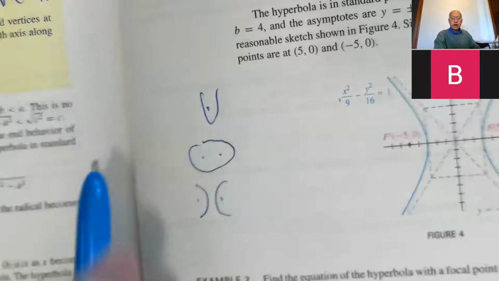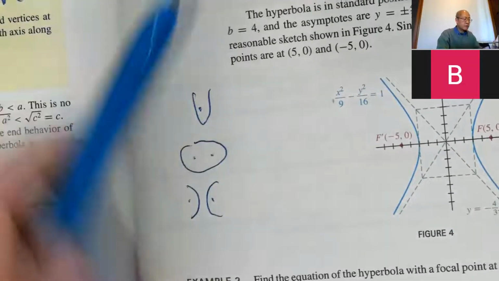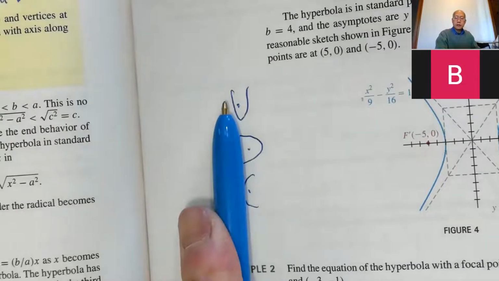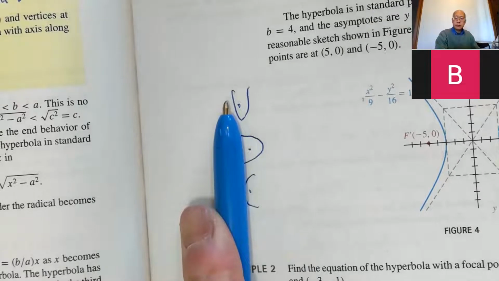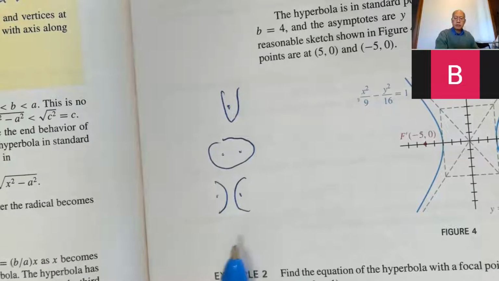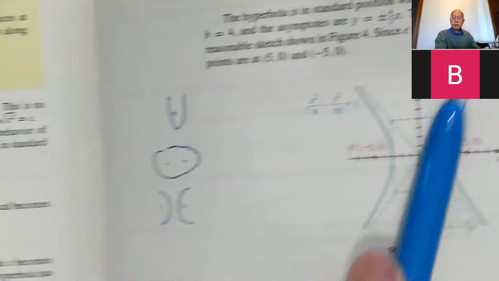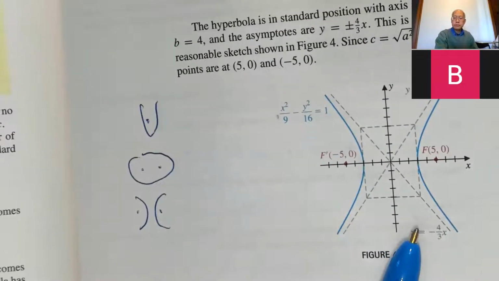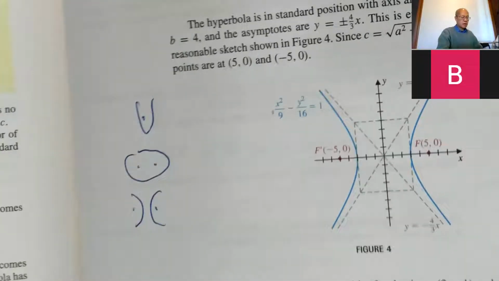If you look at a very small portion of the graph, they all look the same, where the focus is on the inside of the curve, for all the shapes.